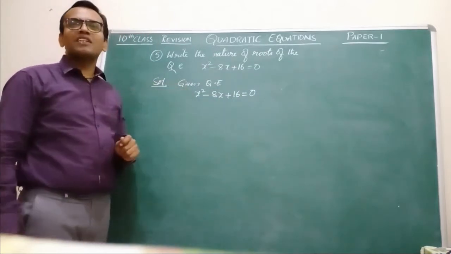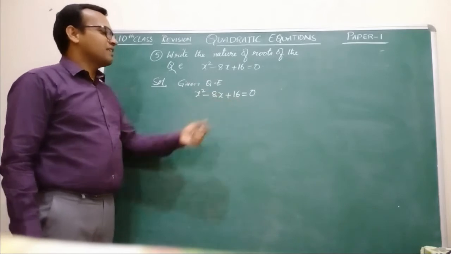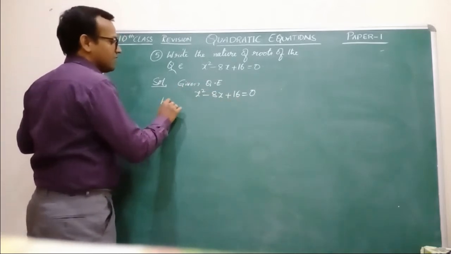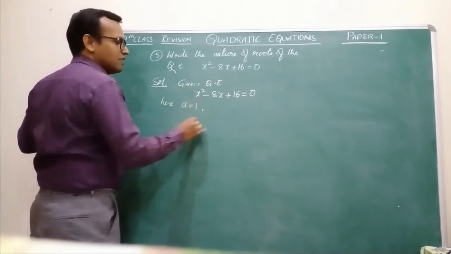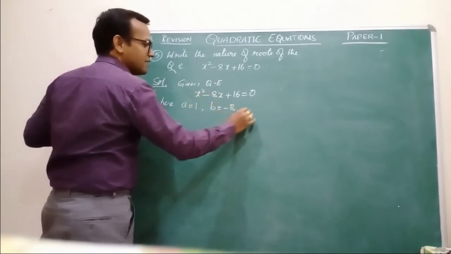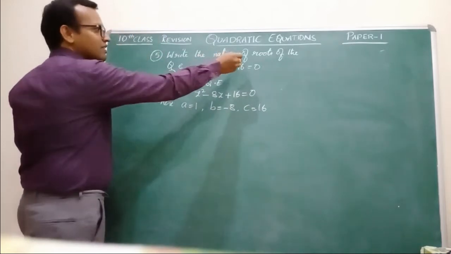Compare this with the general form of quadratic equation ax square plus bx plus c. We have to take the values of a, b and c. Here a is equal to the coefficient of x square, nothing means 1. b value, coefficient of x, is minus 8. c value is 16.